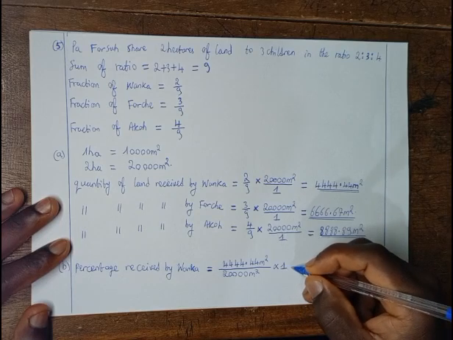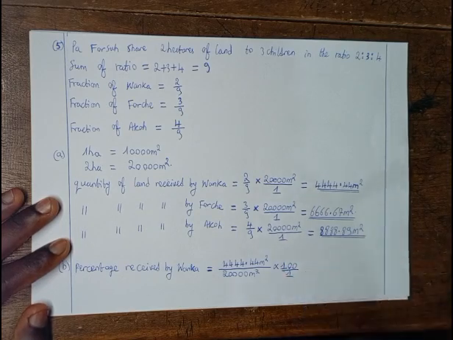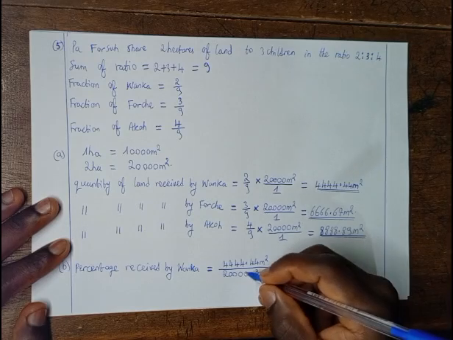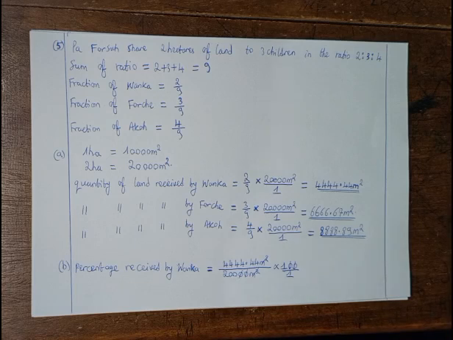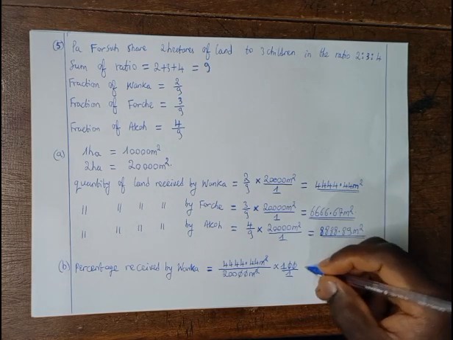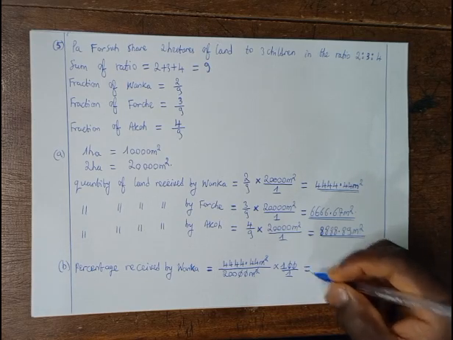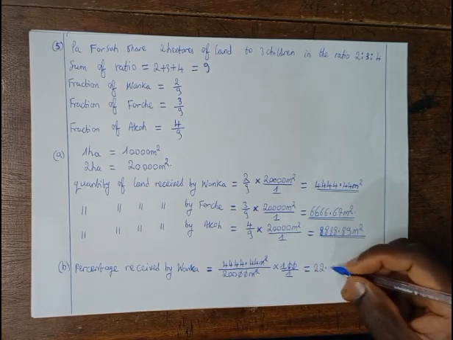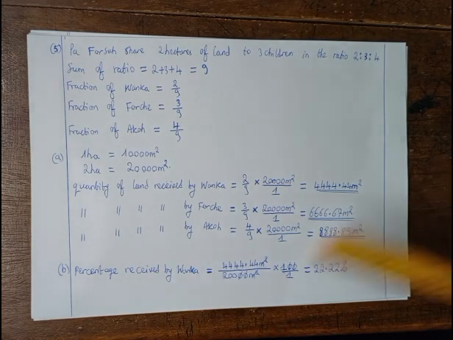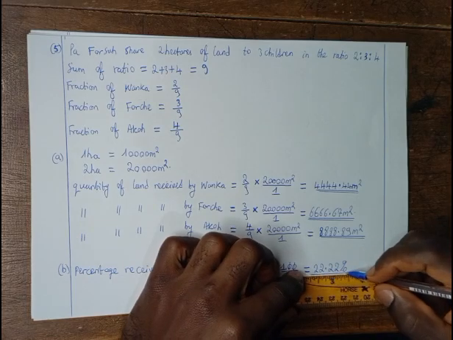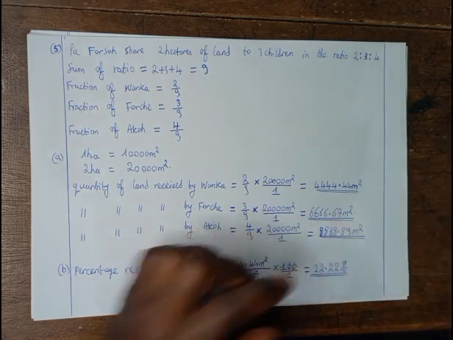Then we multiply by 100 over 1. You see that these two zeros will strike off, and meter squared will strike off meter squared. We are simply going to divide 4,444.44 by 200. And this will simply give us, to two decimal places, 22.22%. We attach the percentage sign. This is the percentage of land received by Wanka.